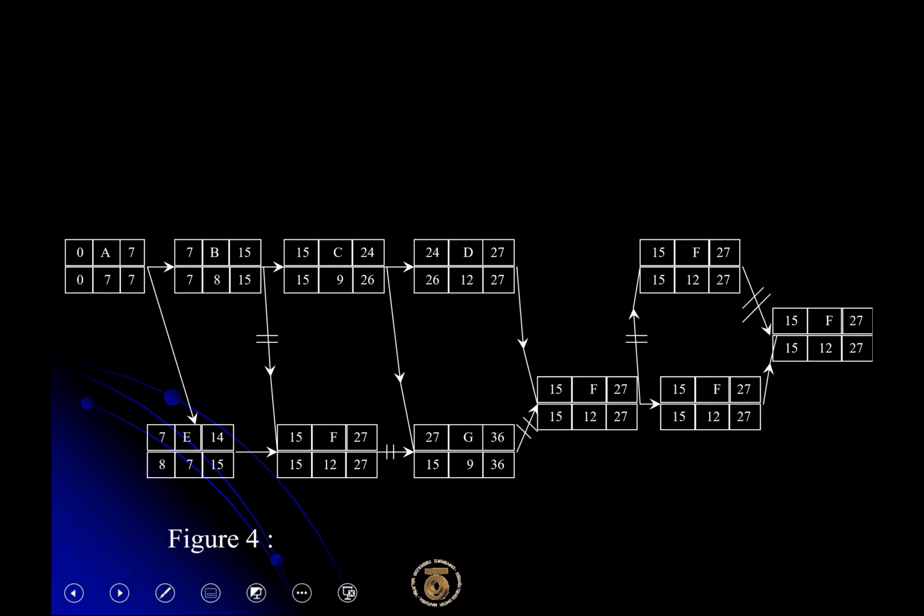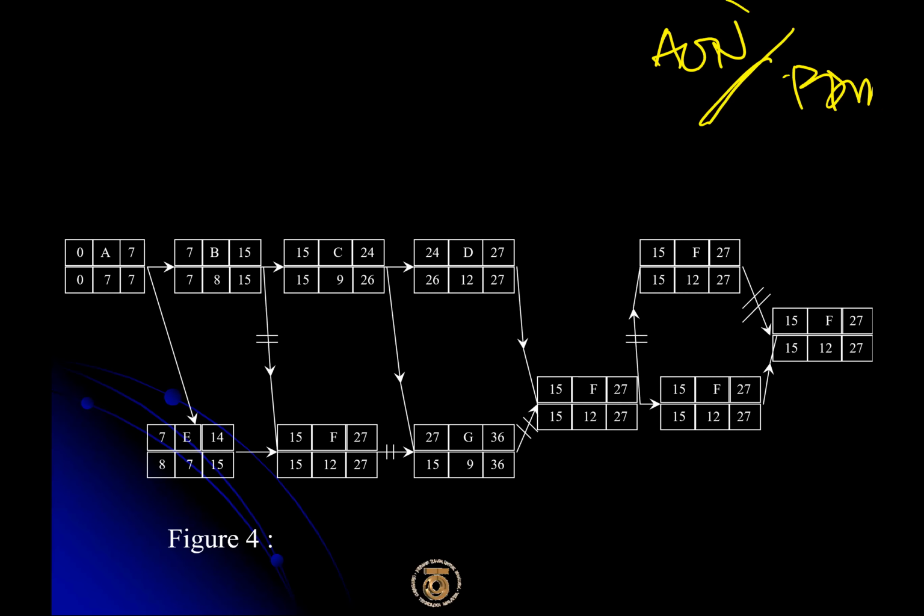Now we are using an AON diagram or PDM diagram. But for this simple exercise, which only has finish to start relationships and doesn't have any lead, we just simply use an AON diagram.